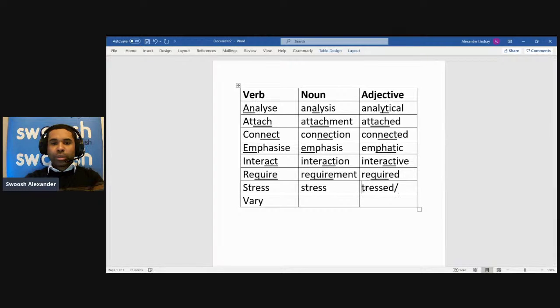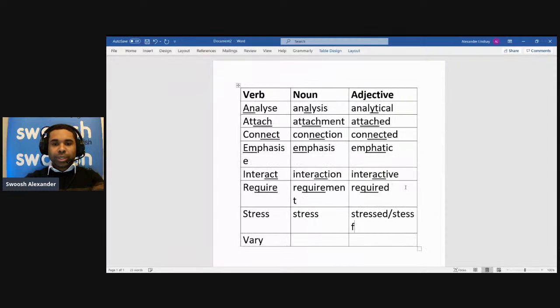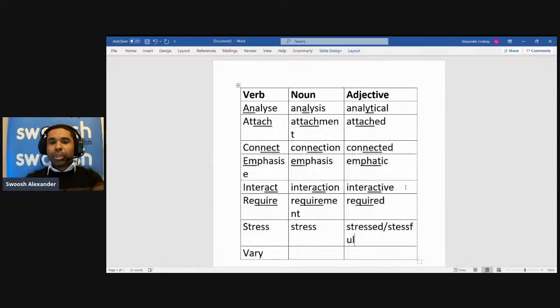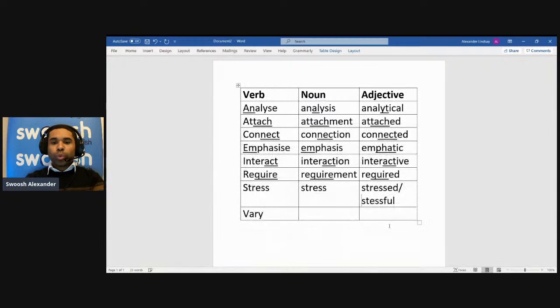It's also possible to form the word stressful. So someone can be stressed, a person is stressed, a situation would be stressful. So in this case, make sure the spelling is correct. So in this case, we stay with the first syllable. All the other words are just one syllable, but in this word, we stress the first syllable.